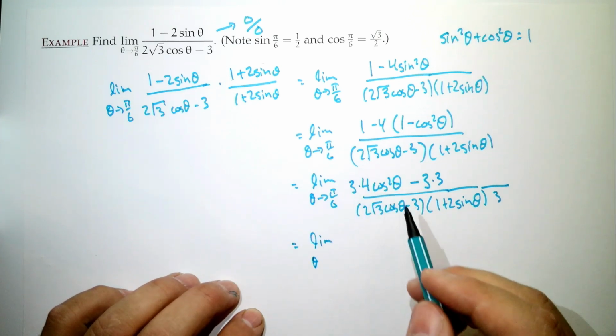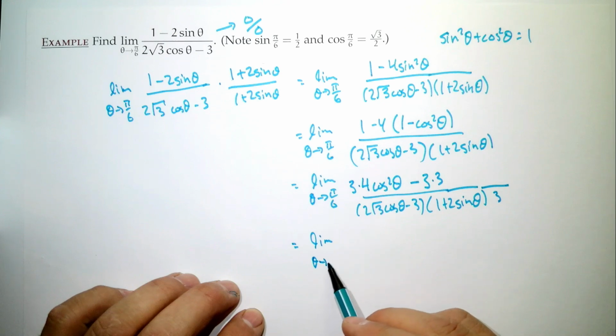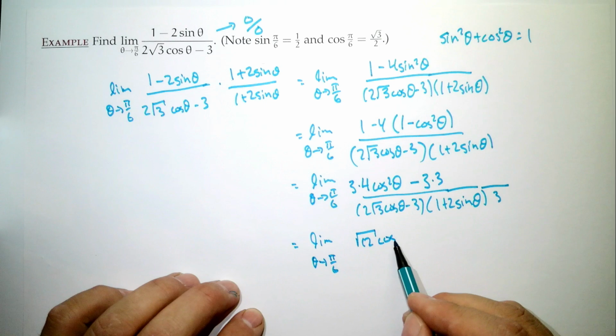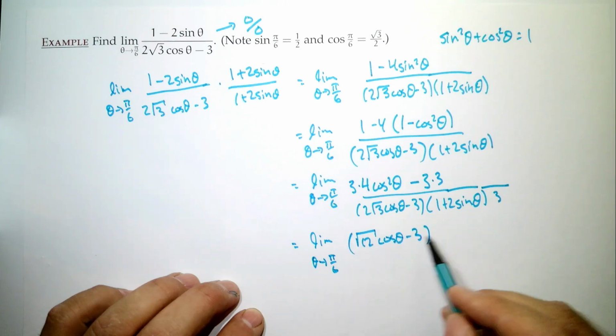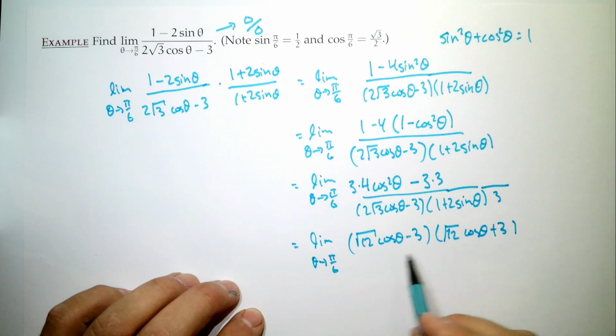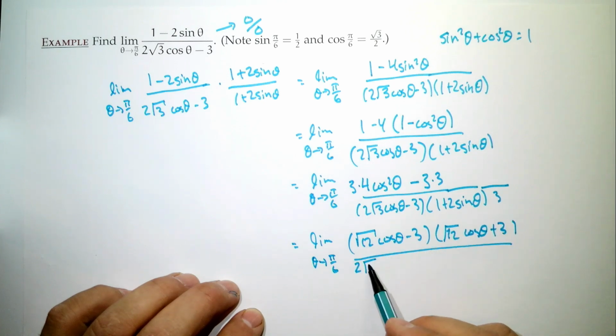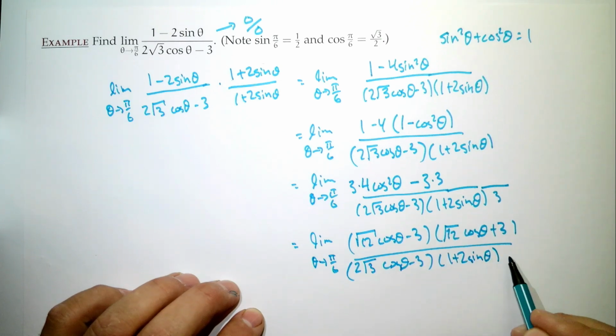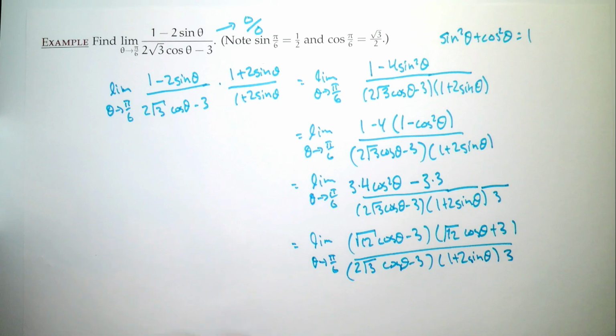I have 12 times cosine squared. Well, that tells us that we can write this as square root of 12 cosine theta minus 3 times square root of 12 cosine theta plus 3. Downstairs, we still have that 2 root 3 cosine theta minus 3, and we have that 1 plus 2 sine theta, and then we have that extra 3 that we added in.